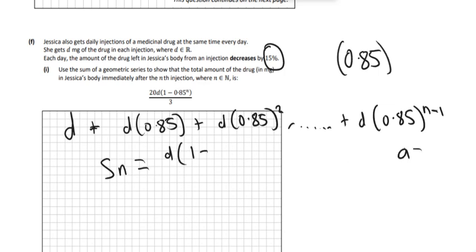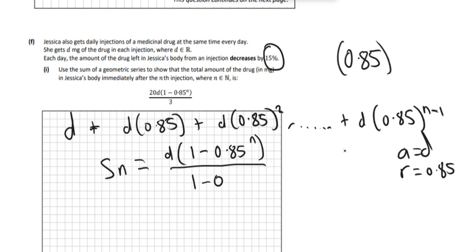It might be a bit confusing, but the A from your log tables will be D in this case because we start out with D, and then r has to be 0.85, so D times 1 minus 0.85 to the power of n over 1 minus 0.85.